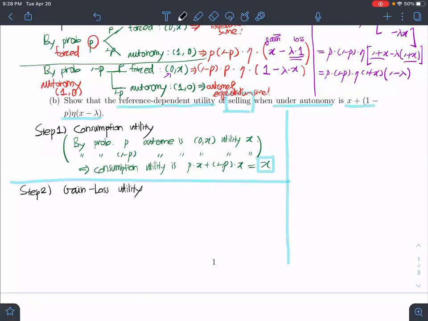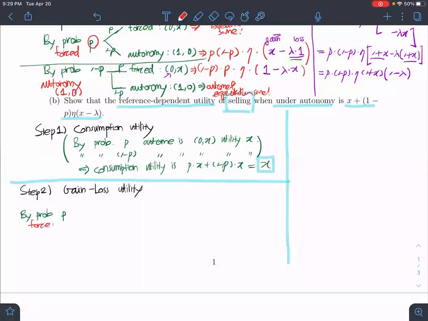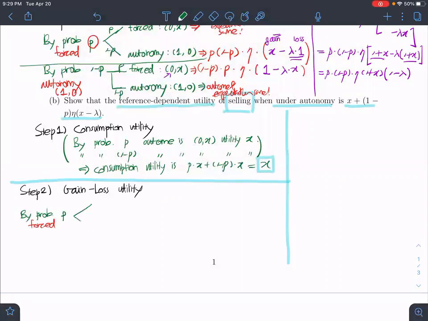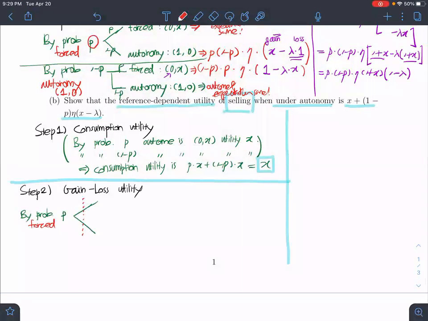So by probability P, let me do it the same way. This is the case where I am forced to sell the mark. And what happens here? Now this part is related to my reference point. Okay, so be careful.